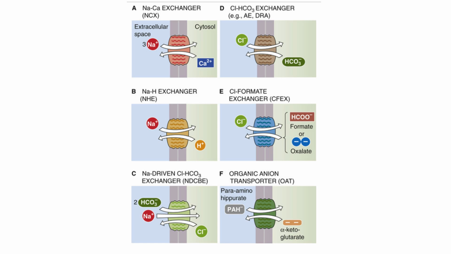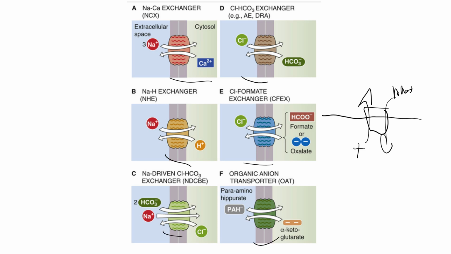What you're seeing in all 6 of these is what's called antiport. Okay, so what happens is you have the plasma membrane, you have an integral protein, sodium diffuses in, and the diffusion of sodium in past the integral protein provides the integral protein the energy that it needs to kick some particular molecule out from a low to a high concentration. Okay, if the 2 ions, or the ion and the molecule, are moving in opposite directions, as is depicted in every single one of these, then it's called antiport.